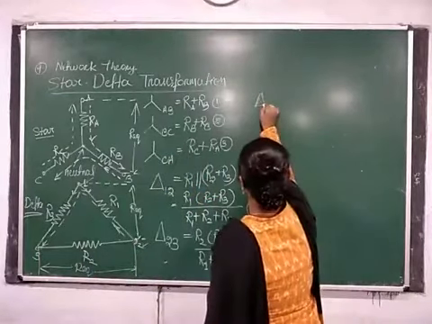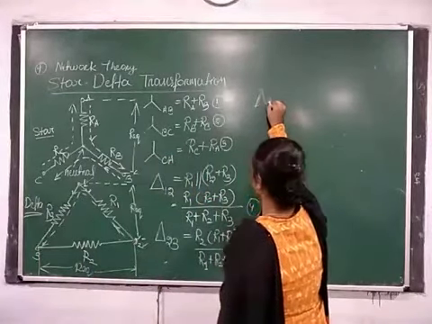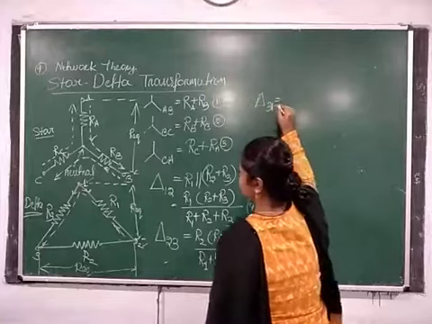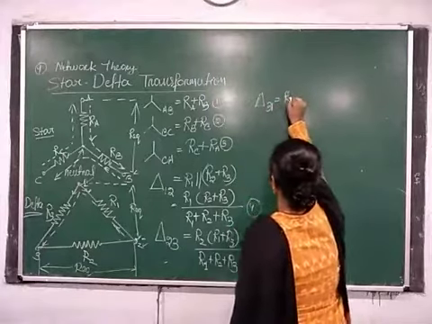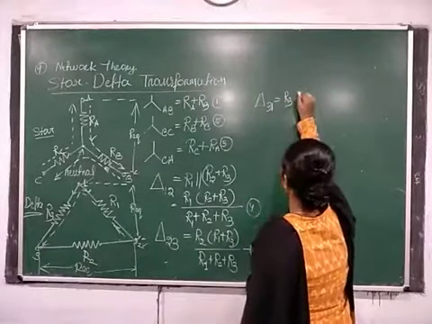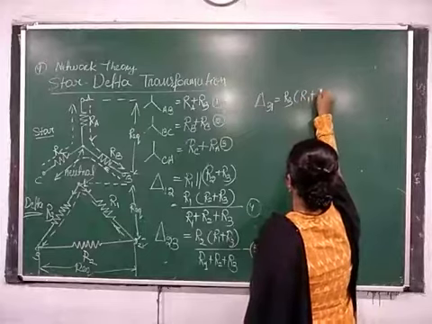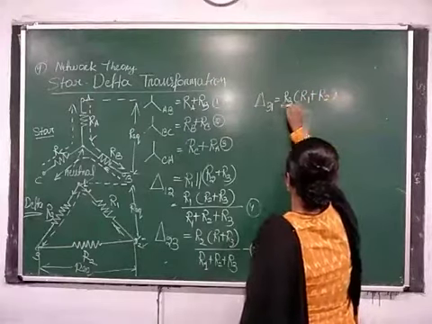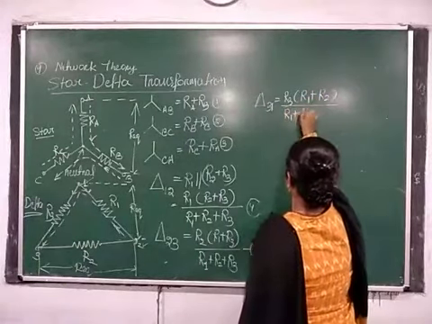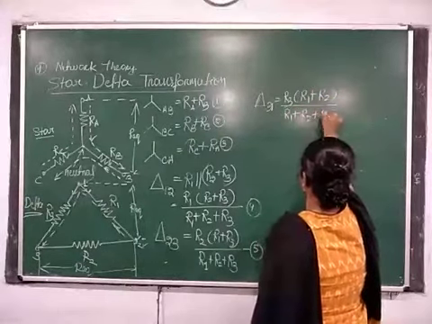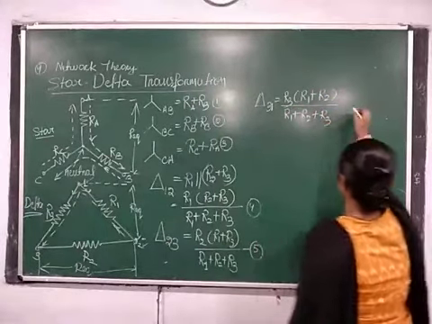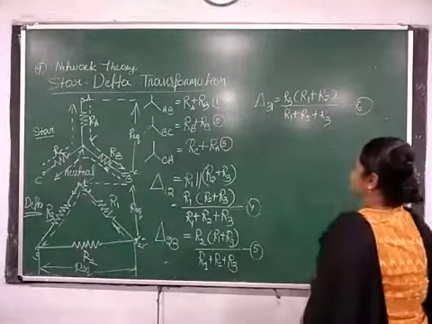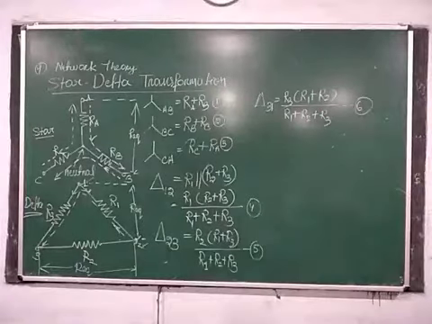So the delta equivalent resistance between terminals 3 and 1 is R3 parallel with the series combination of R1 and R2. Take it as equation number 6.